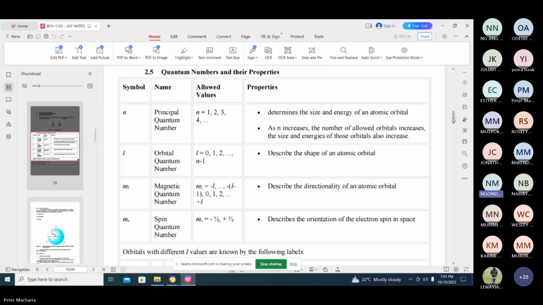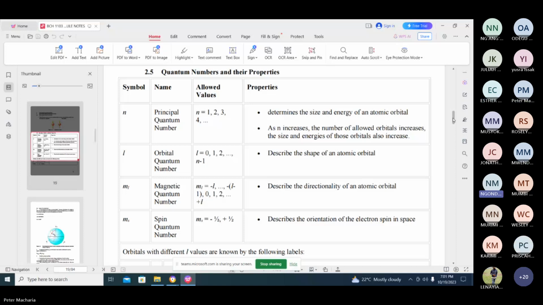So if L is equal to 2, meaning we are talking about d, what are the possible values? -2, -1, 0, 1, and 2. Those are 5, and that is why the d sublevel has 5 orbitals.